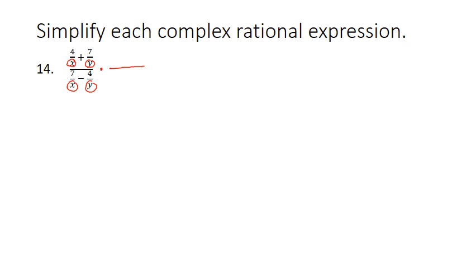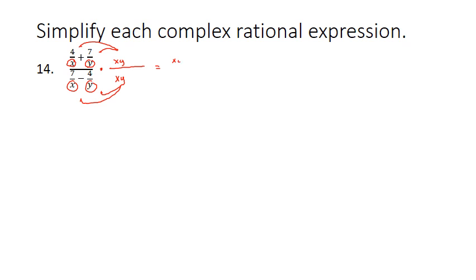On the first example, we did x because they matched. On the second example, we did x squared because it was very similar. But if they are completely different, when in doubt, multiply by both. So I'm going to multiply everything by not only the x, but also the y. So when I write this out, we're going to multiply these 2 terms by everything.